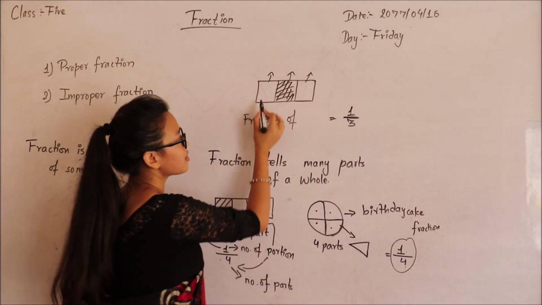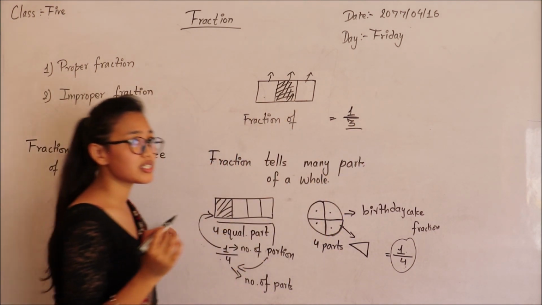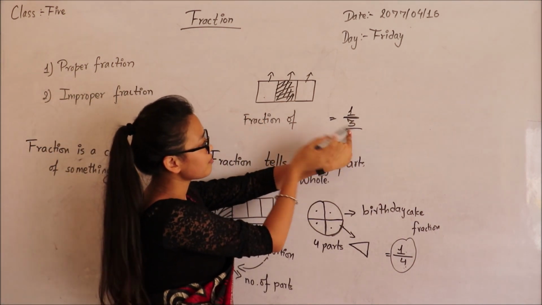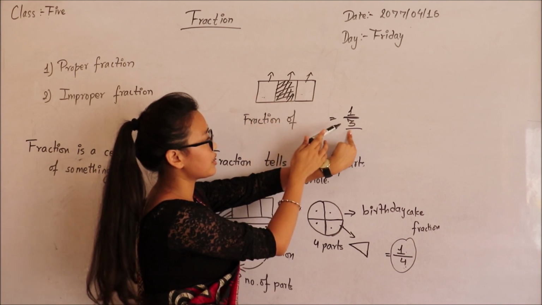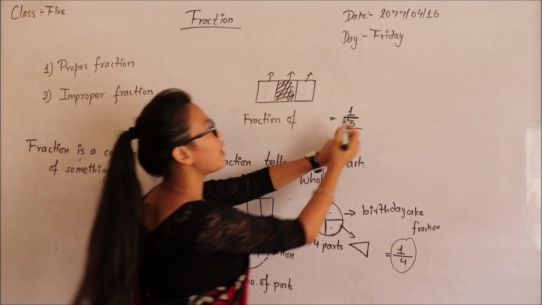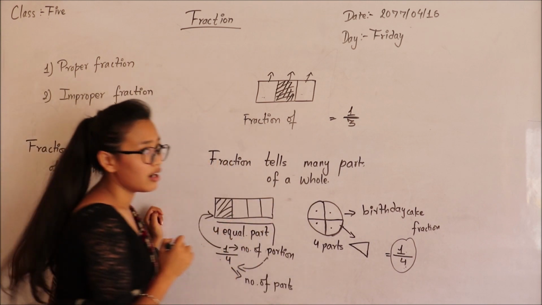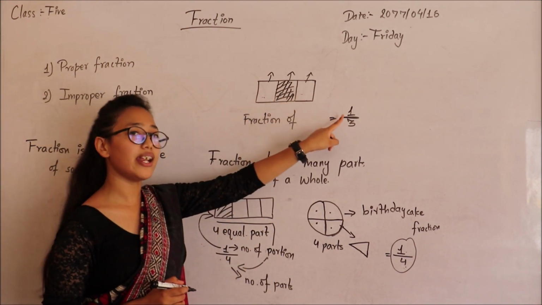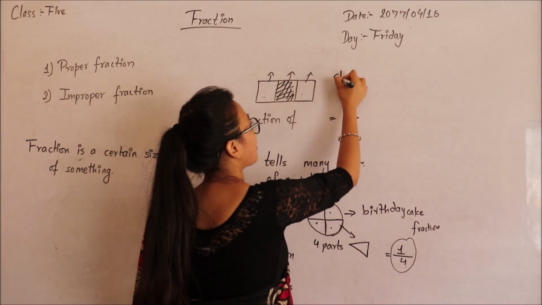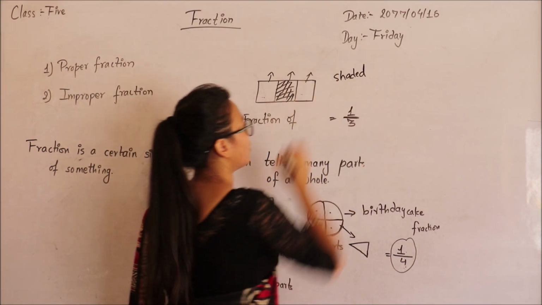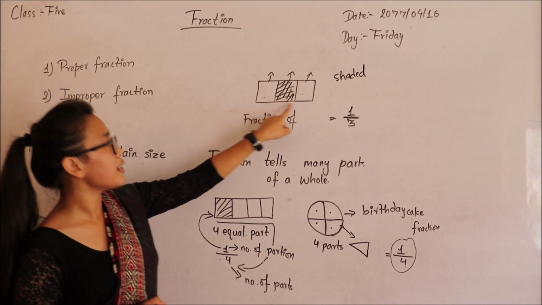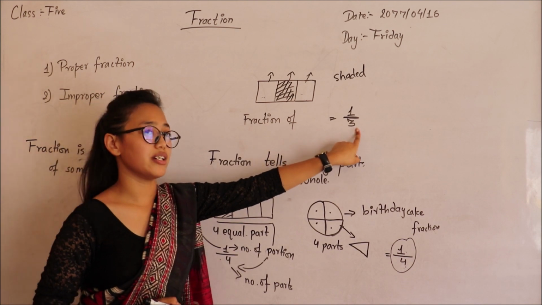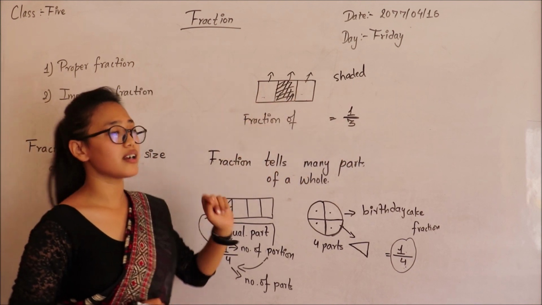Why 1 by 3? Because there are 3 equal parts, so we have written here 3. And why have we written here 1? Because one portion of the 3 parts is shaded, spelling S-H-A-D-E-D. That's why we have written 1, and we have written 3 because there are 3 equal parts.